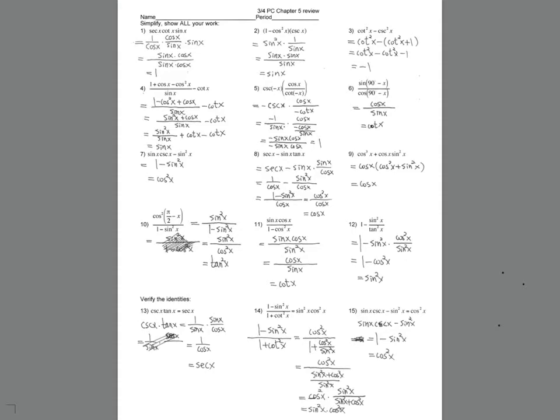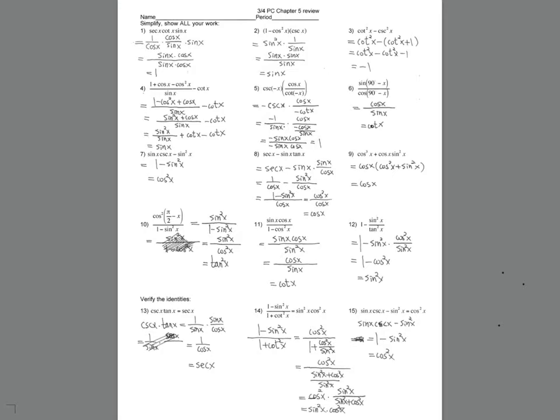Number 14, 1 minus sine square x over 1 plus cotangent square x. Again, I think the left-hand side is more complicated than the right-hand side of sine square x times cosine square x. So I'm going to stick with the left-hand side. On the top, I have 1 minus sine square x, that's cosine square x, that's the Pythagorean identity. On the bottom, what's 1 plus cotangent square x?